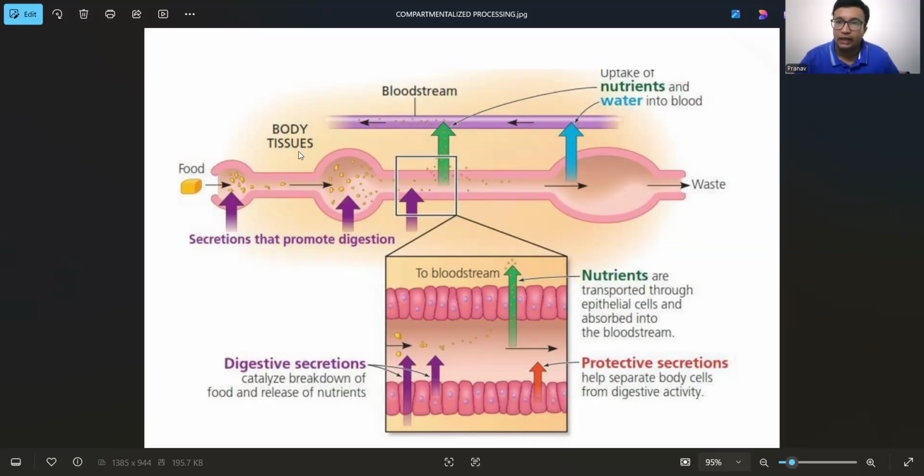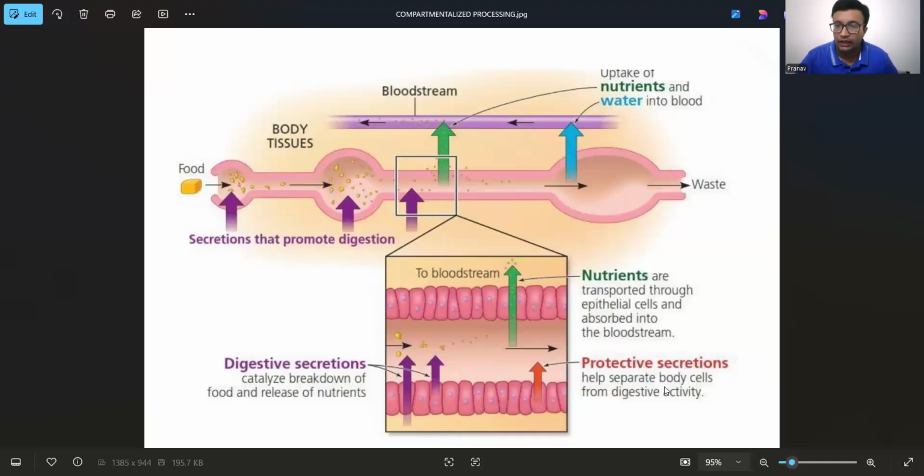So of course, digestive enzymes are secreted into the lumen of the digestive tract, not upon body tissues or into blood. Okay. When food is broken down, it is broken down into monomeric forms which are absorbed, and the absorbed nutrients will get into the bloodstream. You can see that a portion has been magnified and the nutrients are absorbed into the bloodstream.